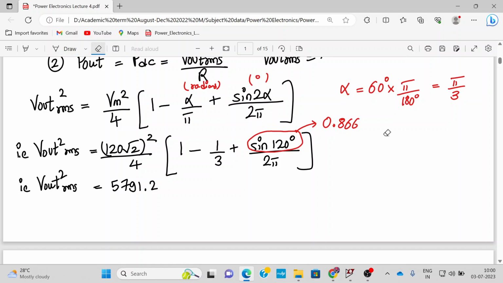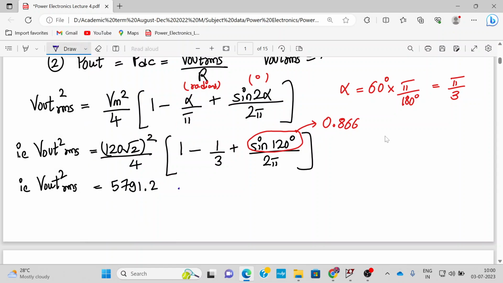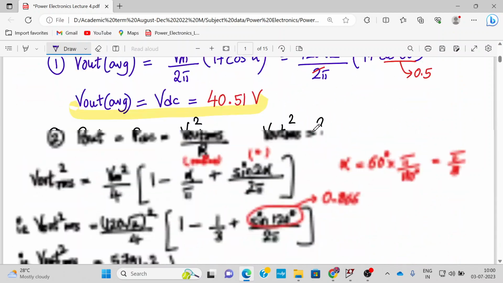This number is RMS square. Now actually we have to find P out. So P out or PDC will be V out RMS square divided by R, that will be 5791.2 divided by R, and the value of R is given as 100 ohm.